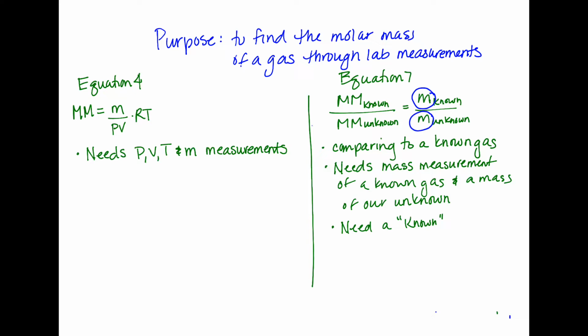So there's pros and cons to each of these methods. If we're using equation 4, the pros are that it's a direct measurement. But the con is that there are lots of measurements that you need to make.